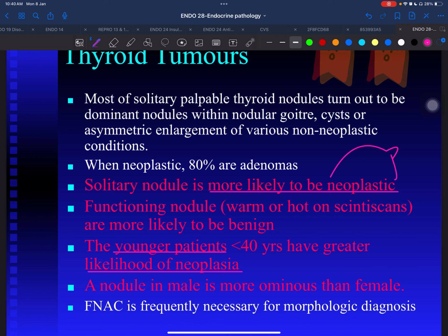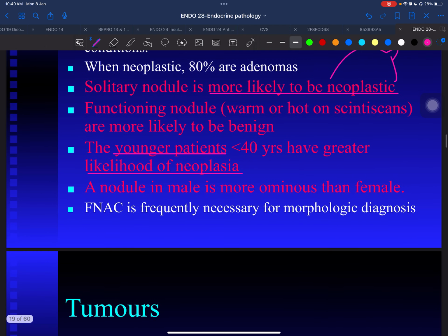And how do you diagnose when you see a nodule in the neck? Is you do a fine needle aspiration cytology. FNAC, fine needle aspiration cytology. You put a needle with a syringe and you pull out some cells from the thyroid gland where the nodule is. And then you smear on a slide and send to the pathologist, and we will look under the microscope and tell you whether it's benign or malignant.